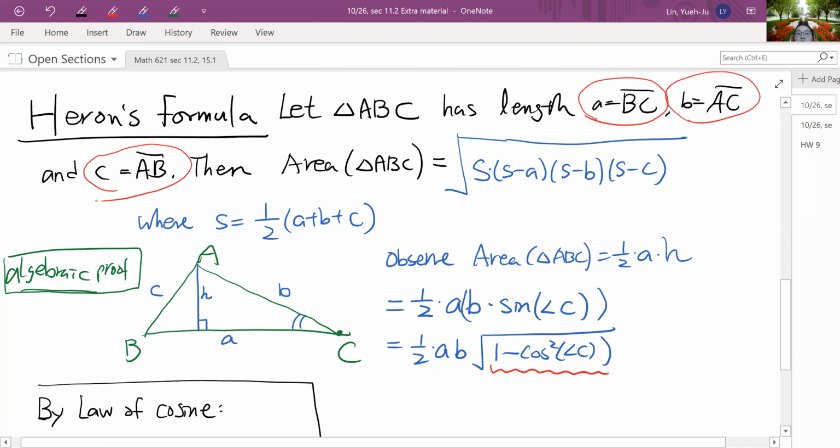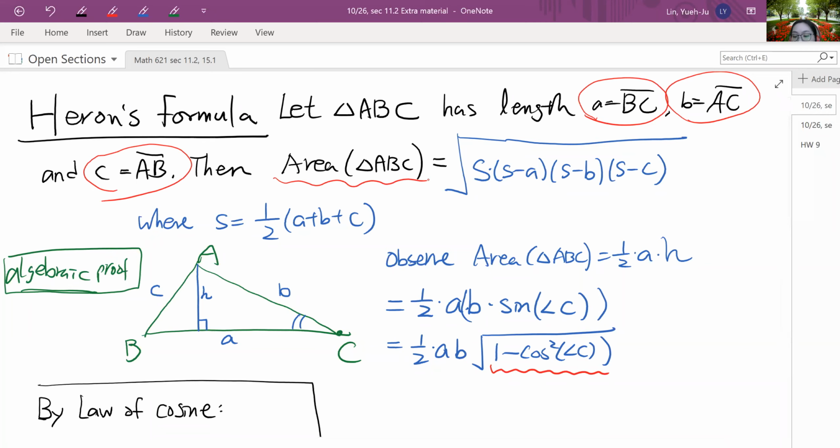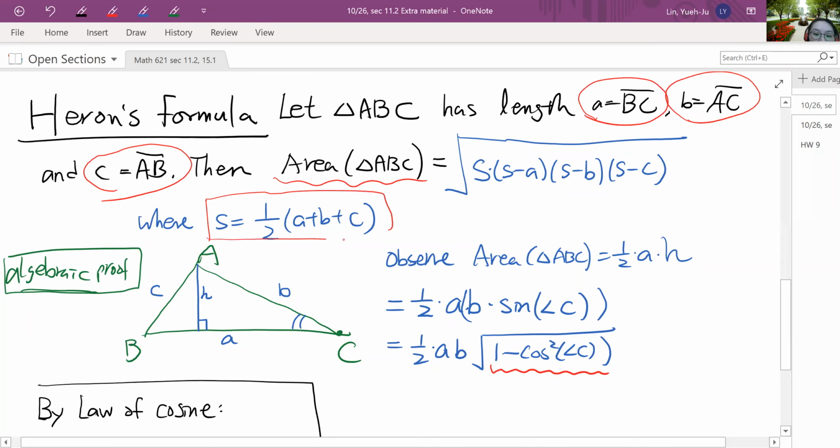That's the significance of Heron's formula. So the area of the triangle will be equal to the square root of S times (S minus a) times (S minus b) times (S minus c), where S will be half of the sum of the 3 sides. That's usually how people formulate Heron's formula.